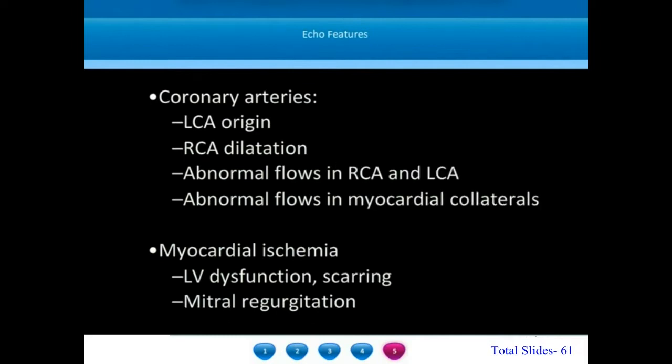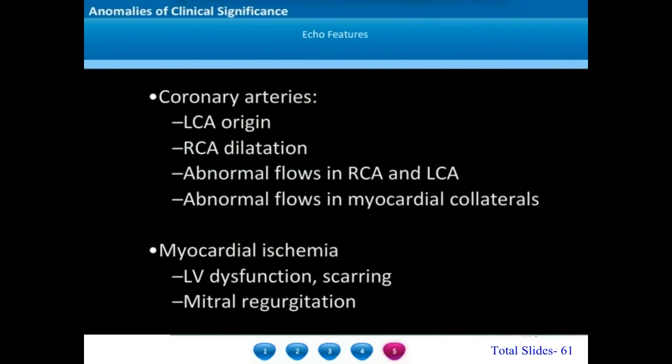We are going to talk now about the classical echo features of ALCAPA. There are certain features that pertain to the coronary arteries, that is, left coronary artery origin, the markedly dilated right coronary artery, the abnormal excessive flows in the right coronary artery, the abnormal flow reversals in the left coronary artery, and the abnormal flows seen in the septal myocardial collaterals.